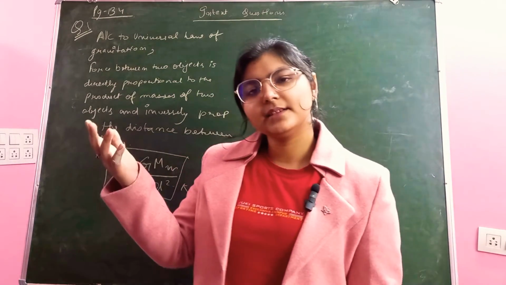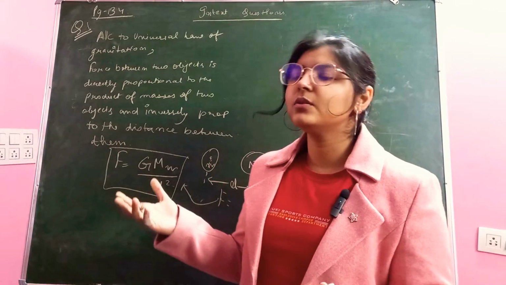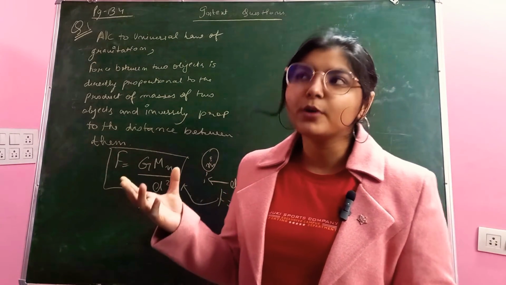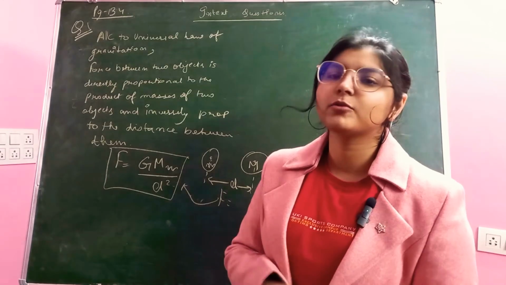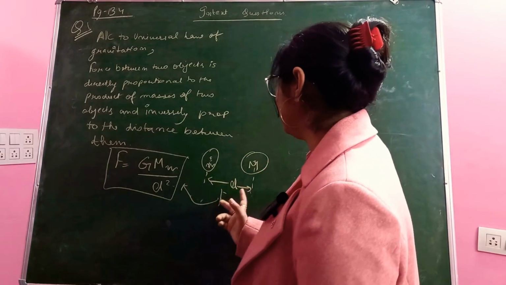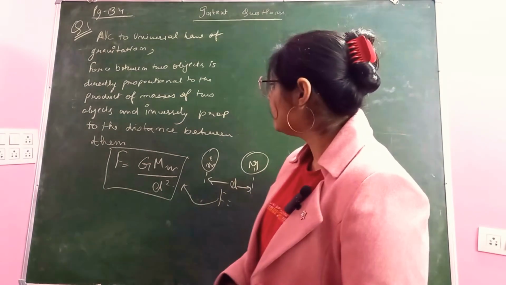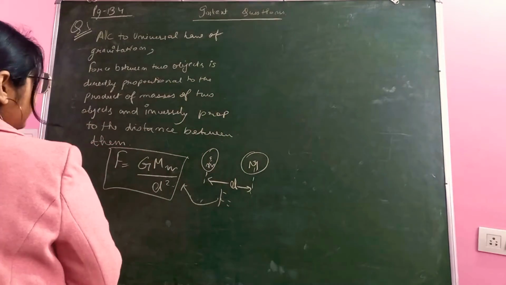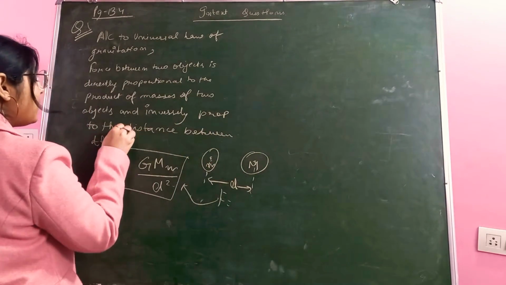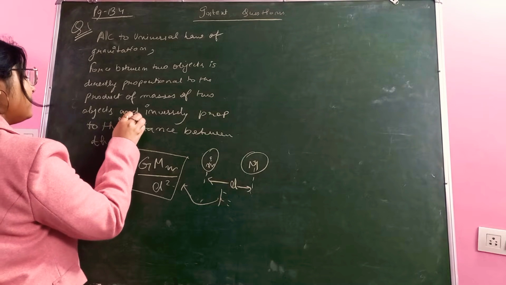Right? If masses increase, force also increases. So it will be directly proportional to the product of their masses and inversely proportional to the distance between them, square of distance between them. So just to correct it here, inversely proportional to the square of distance between them.